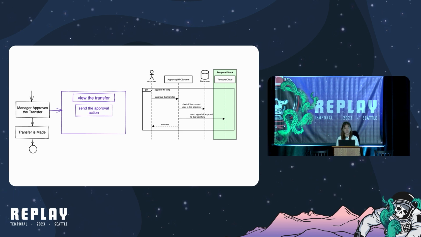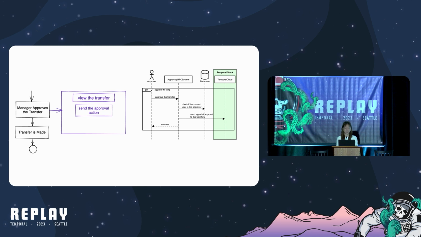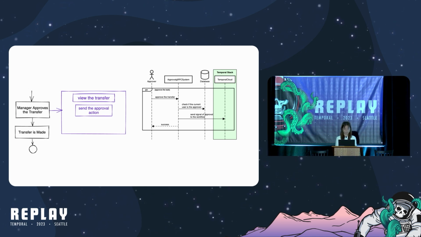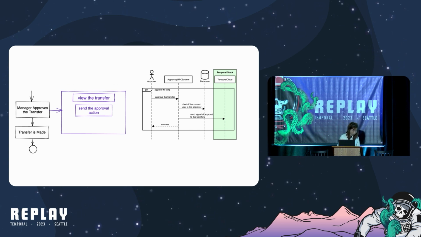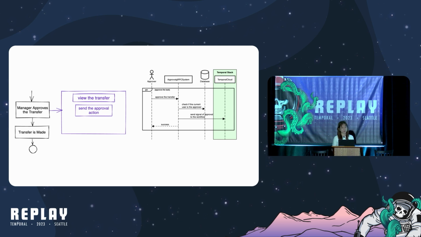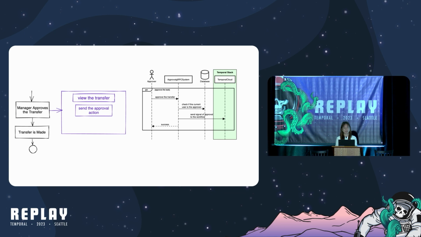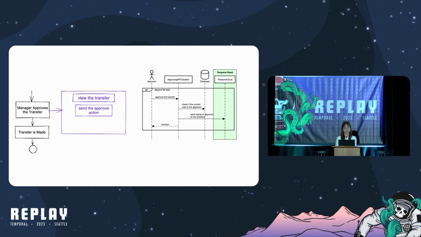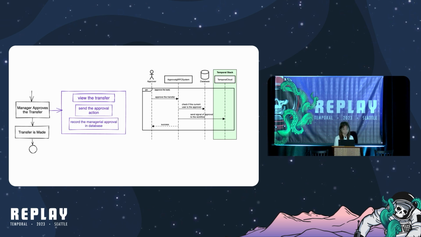Then the manager needs to make a decision based on the information. Let's say he wants to approve it. The decision will be sent through a signal handler to the Temporal cloud. As soon as the signal is accepted by the cloud, we are very sure the signal will be stored durably at the cloud side, and at this time we can respond to the user that the approval is successful.